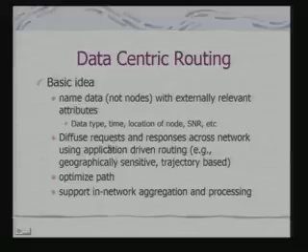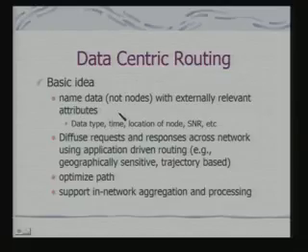Now, in data centric routing, we say that we name data and not nodes, with externally relevant attributes. So, if the data is being transferred across the network, that means data is diffusing through the network, any node which needs the data can make use of these attributes and start using the data.